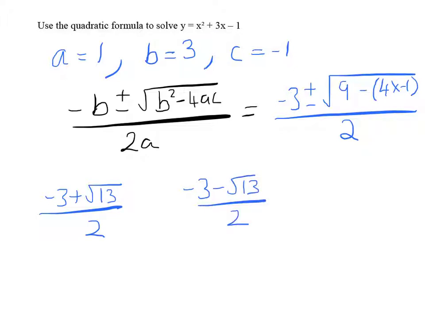And at this point, you can use your calculator. But you shouldn't be using it before now. So negative 3 plus root 13 divided by 2 is going to give me 0.3.